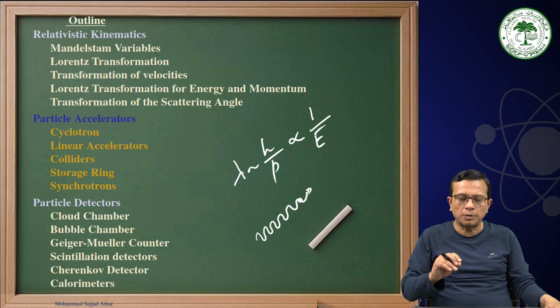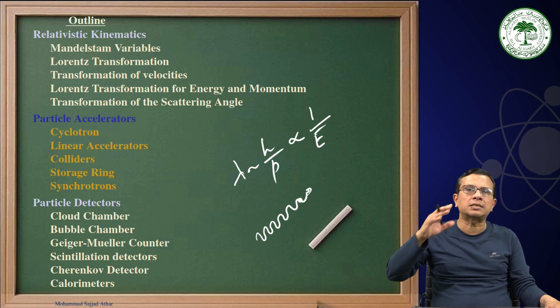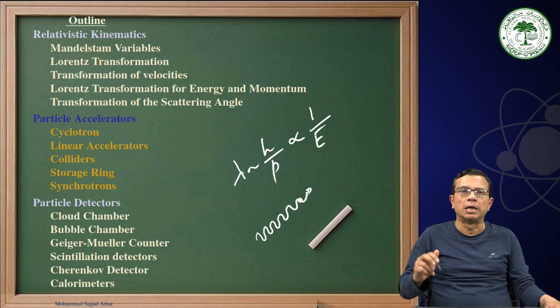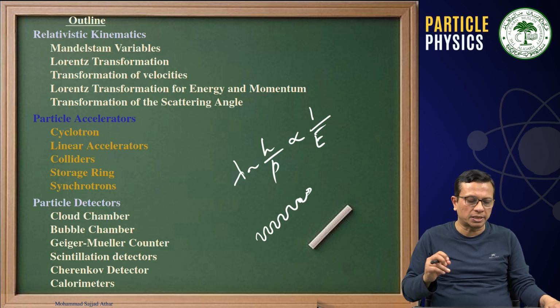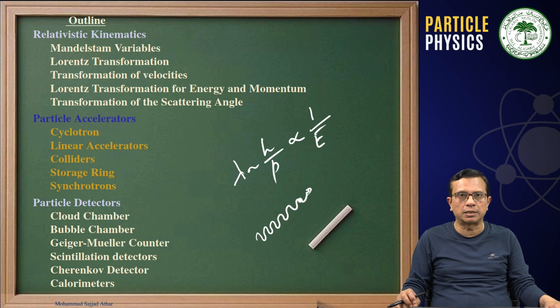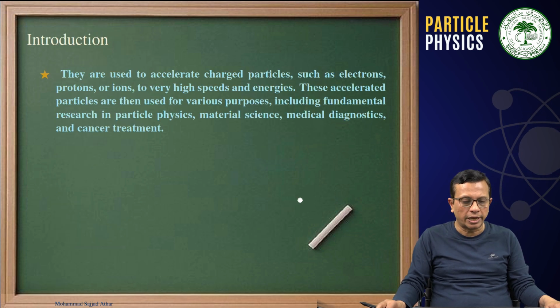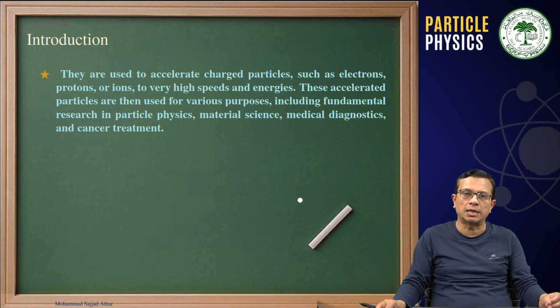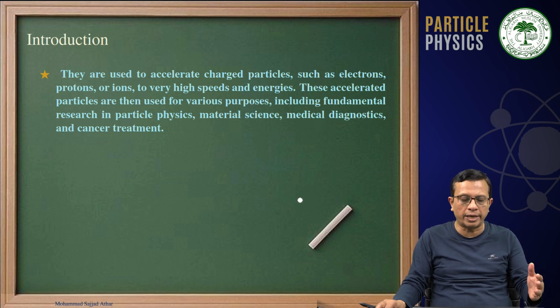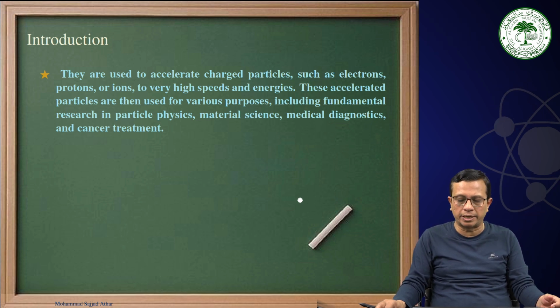Now, the important point is that all these accelerators which we talk about are not of the same type. We are going to discuss the cyclotron, the linear accelerators, the colliders, the storage ring, and synchrotrons in very brief. What are accelerators? They are used to accelerate charged particles such as electrons, protons, or ions to very high speeds and energies.